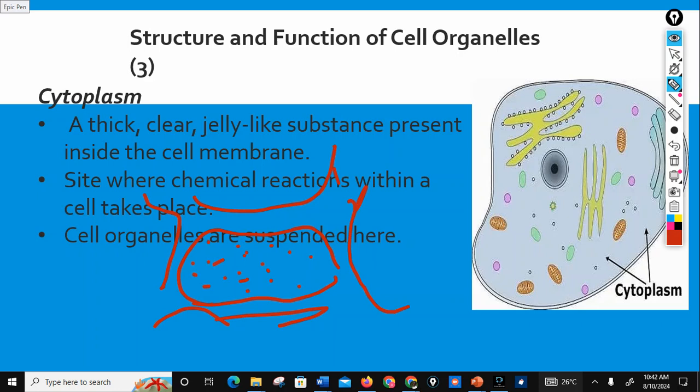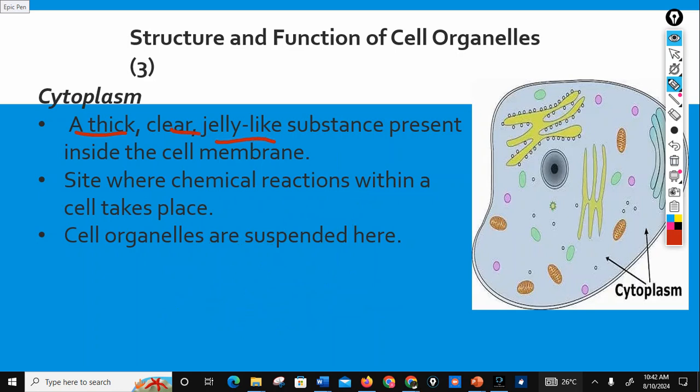That is the fluid in which all the organelles are suspended. It is a thick, clear, jelly-like substance that is present inside the cell membrane.